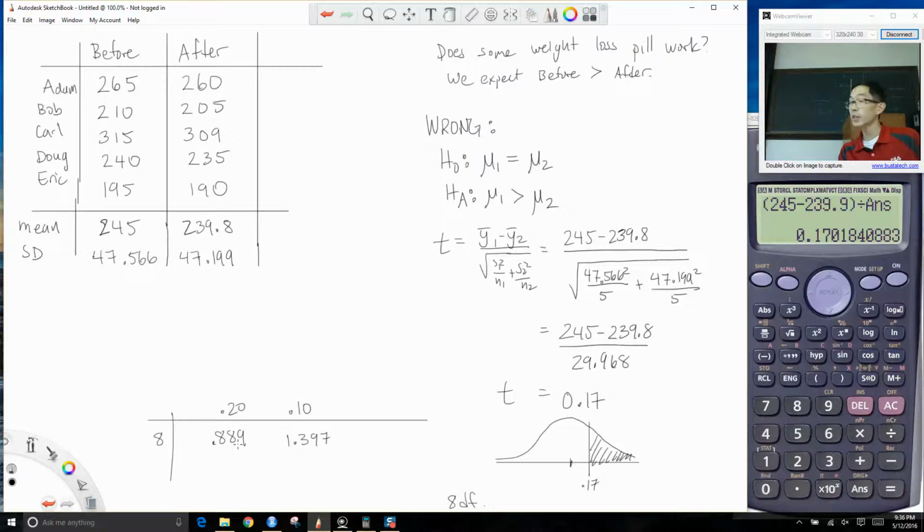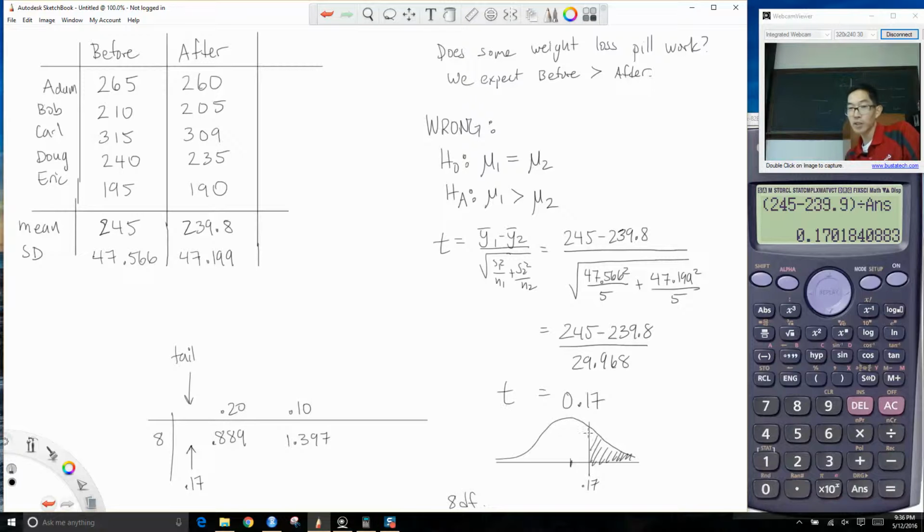We're only 0.17 standard deviations away. 0.17 is over here, which means my corresponding tail area has to be over here, greater than 0.2.